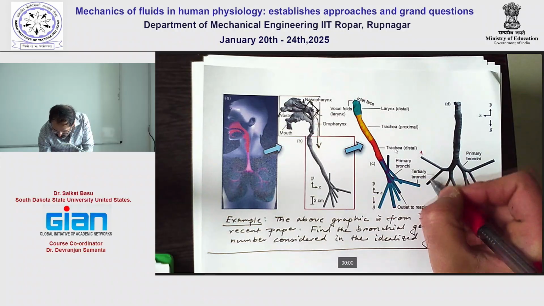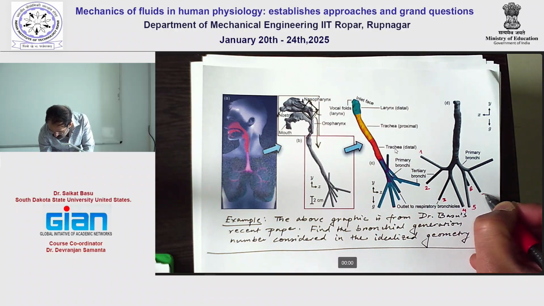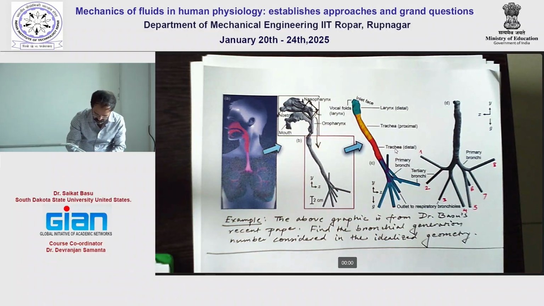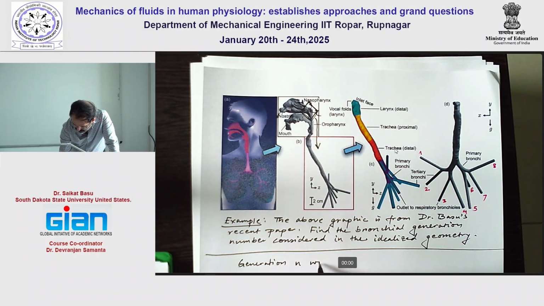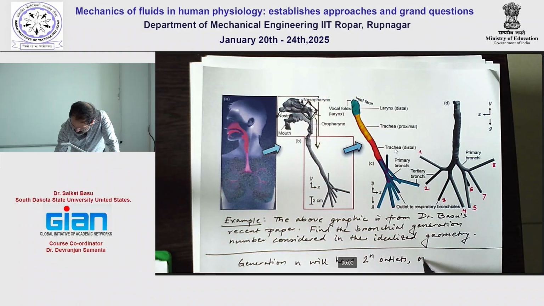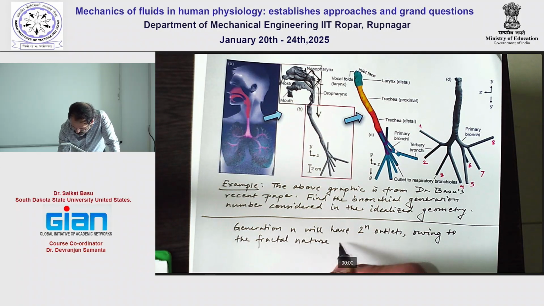So we have 1, 2, 3, 4, 5, 6, 7, 8. Therefore, generation n will have 2 to the power of n outlets owing to the fractal nature of tube bifurcation.